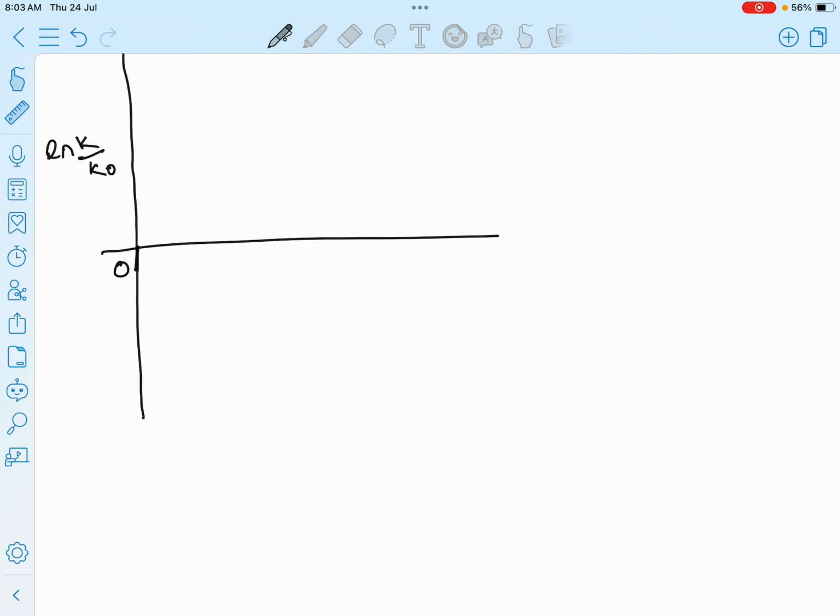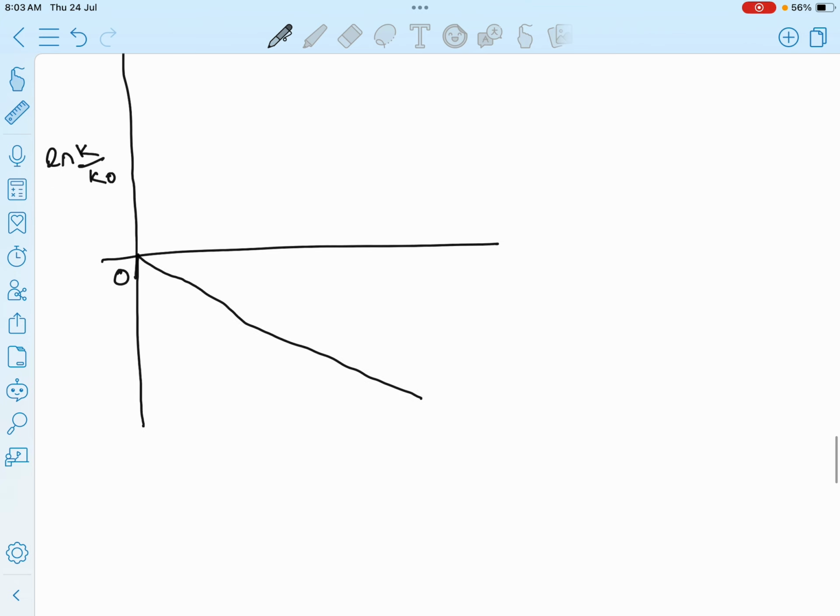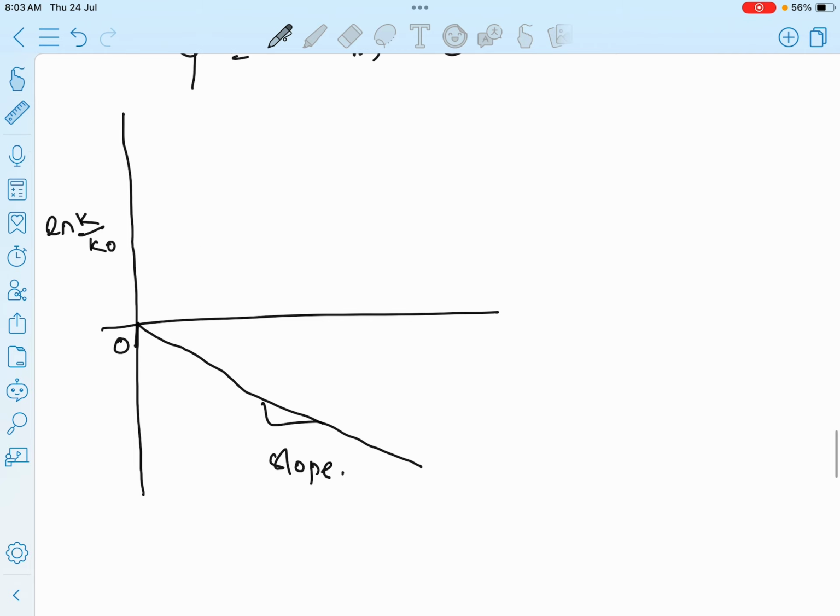As the slope is negative, I think we should get a line like this, and this slope is equal to minus ZA ZB into e square by kBT dAB.